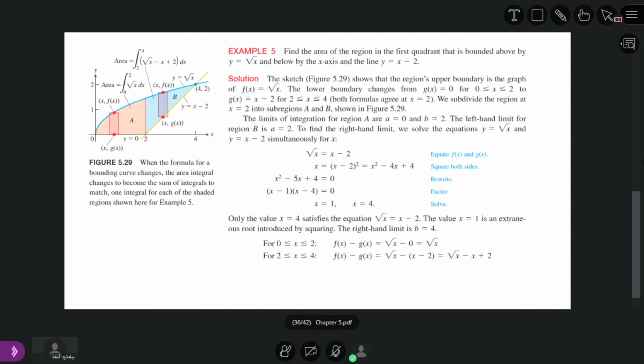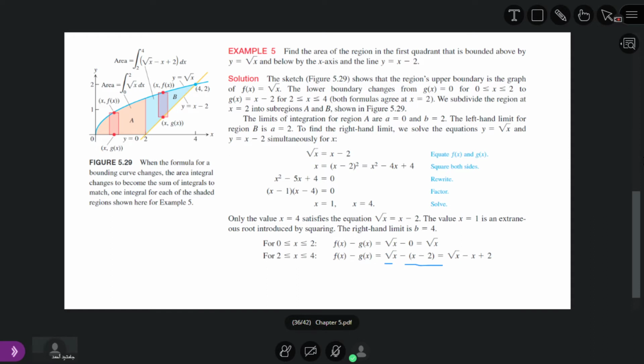So we use here the additivity property. It means from 0 to 2, what is f of x minus g of x? It is equal to square root x minus 0, so square root x. And now between 2 to 4, f of x minus g of x is square root x minus, here, square root x minus x minus 2.